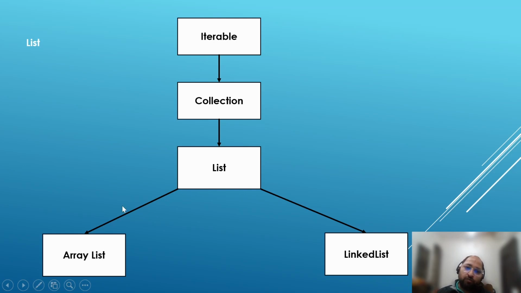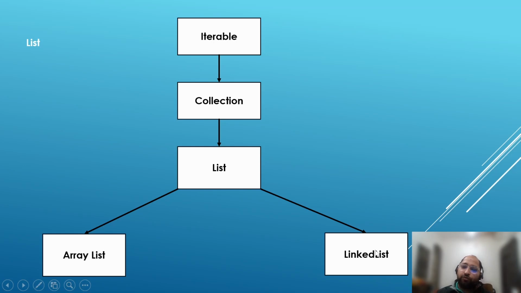Now ArrayList would be implementing all the methods of iterable, collection, and list. For example, iterable has let us say two methods, collection has three methods, and list has three more methods. So 2 plus 3 is 5, 5 plus 3 is 8. So array list would be implementing 8 methods.